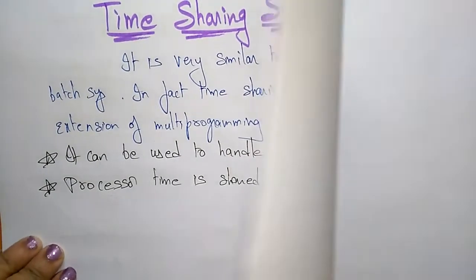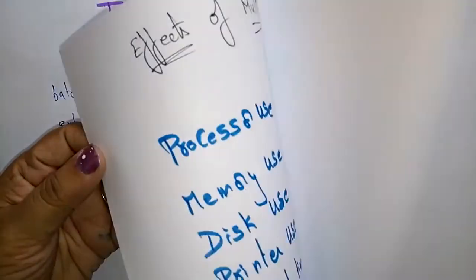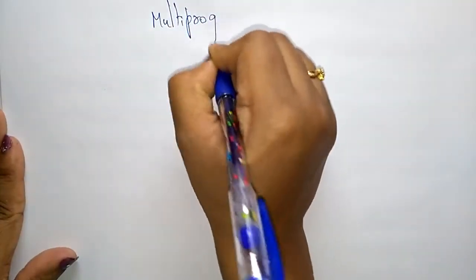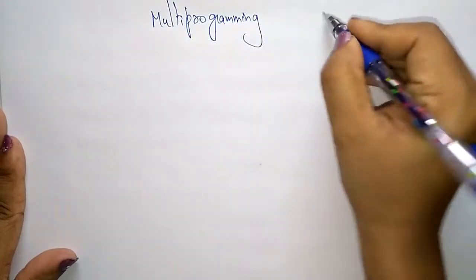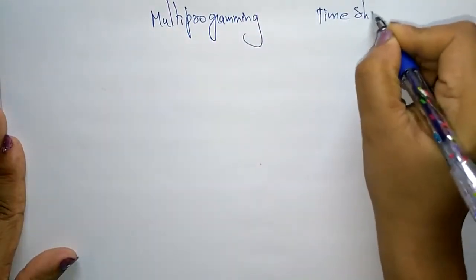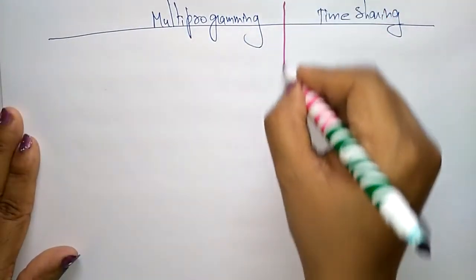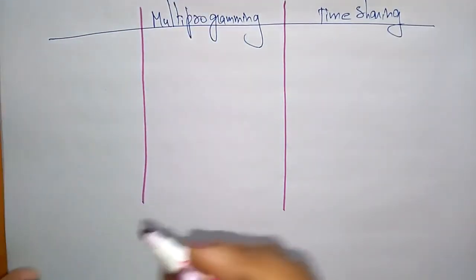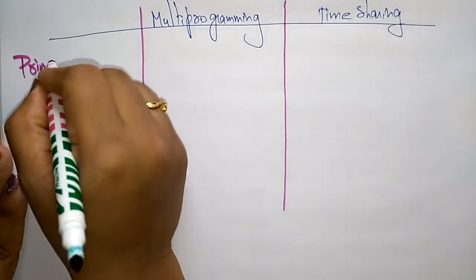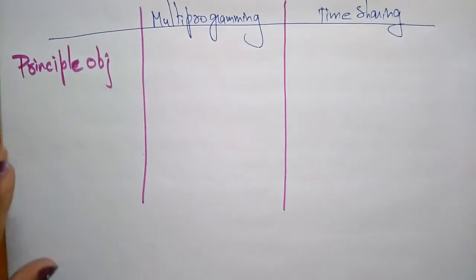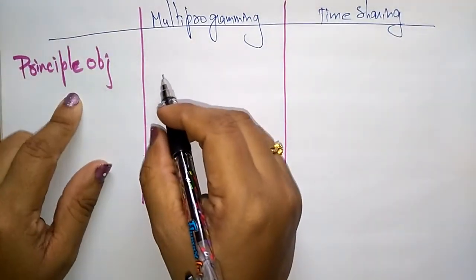Just see the difference between time sharing and multi-programming, then you will understand what feature was added to multi-programming to make it a time sharing system. Consider the principal objective.